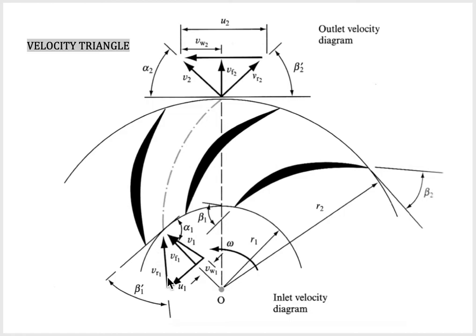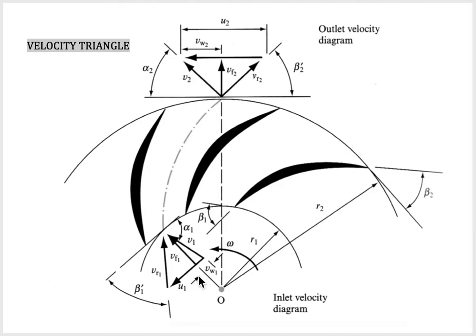To draw your velocity triangle, you need to first draw the actual velocity or the absolute velocity, V1, in this direction. And you draw V2, the actual or absolute velocity at the outlet, in this direction.